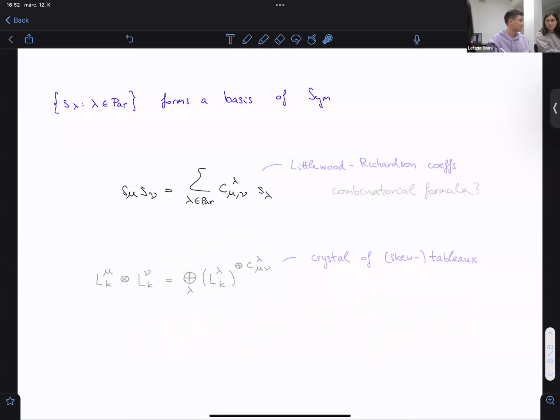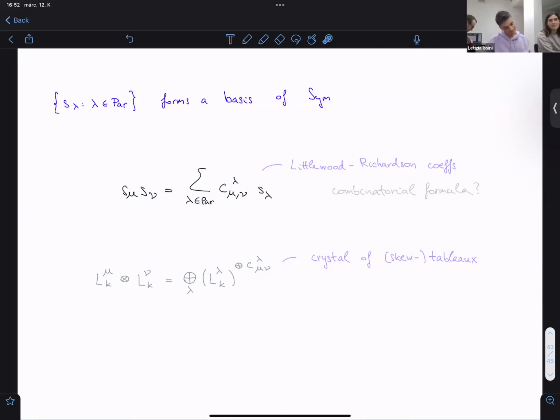You can basically ask anything, and it's unknown, like anything in this topic for finite crystals, like RSK or Littlewood-Richardson. So, in a nutshell, that's some sort of answer.